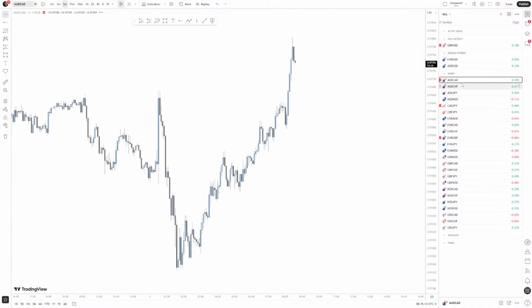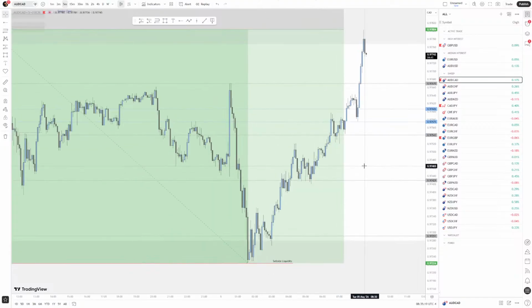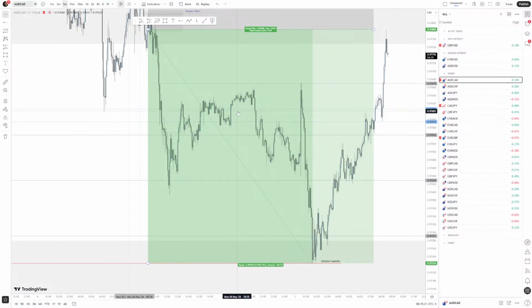So now that we've got those parts of the market analyzed, this was a beautiful trade. We didn't really close at the top blue line right here, but the idea was to get to sell side liquidity, which it literally basically did. Beautiful, beautiful trade.